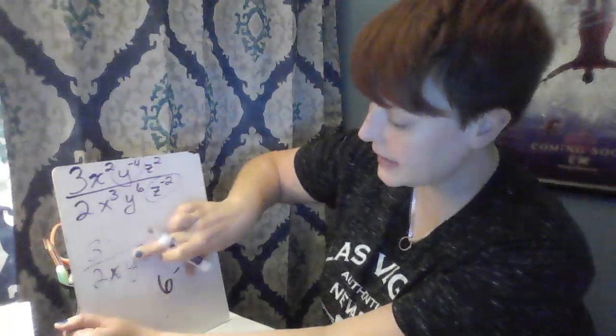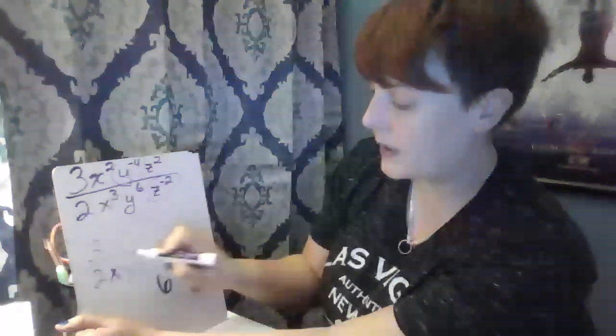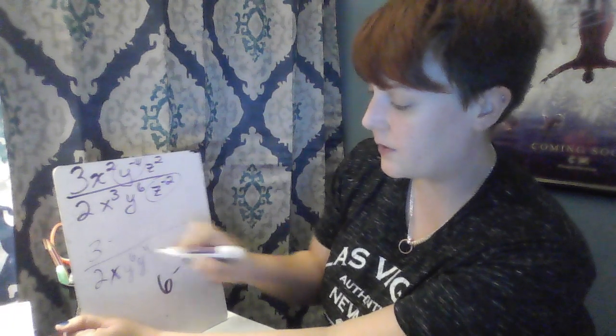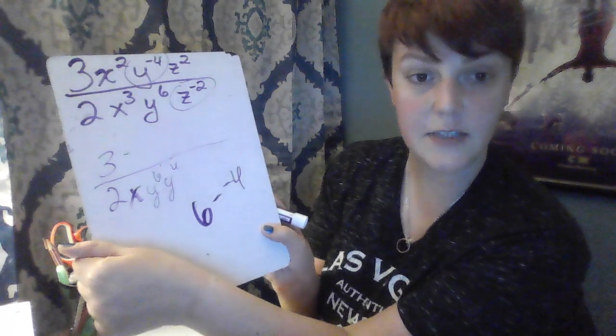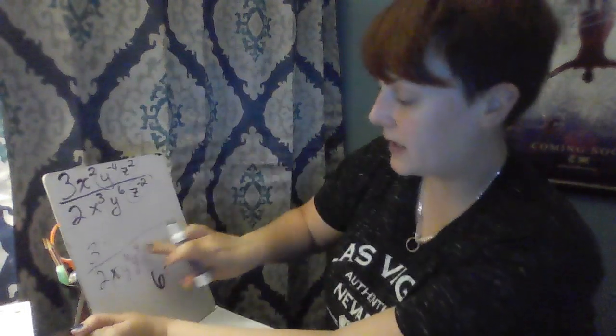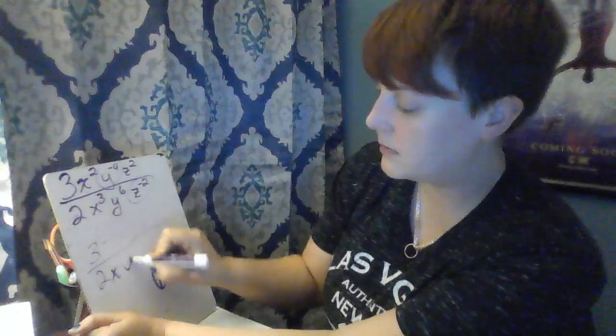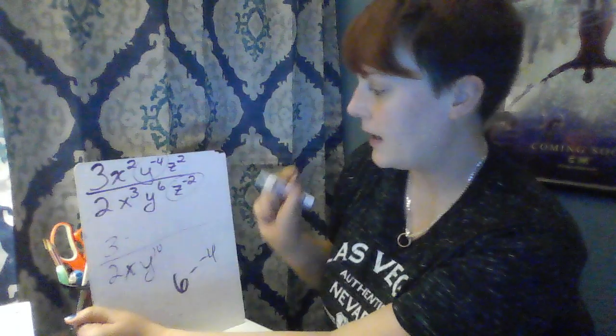Or instead of doing that, I could physically move this down here, y to the 6th and y to the 4th. And when you have those two next to each other like that, you're going to add the exponents, which would give us y to the 10th. So same result with two different avenues to get there.